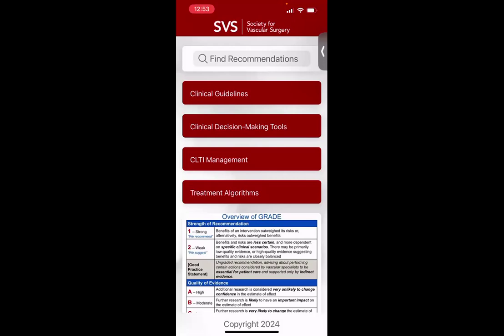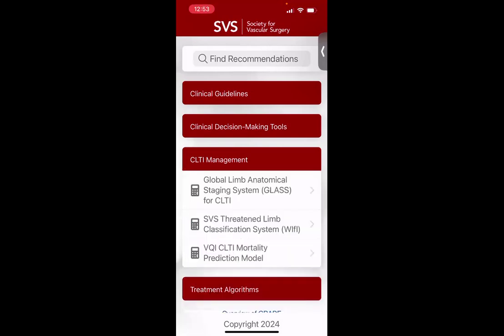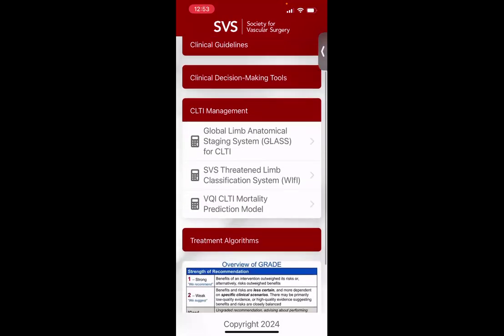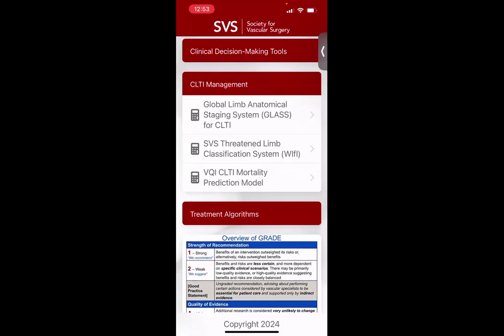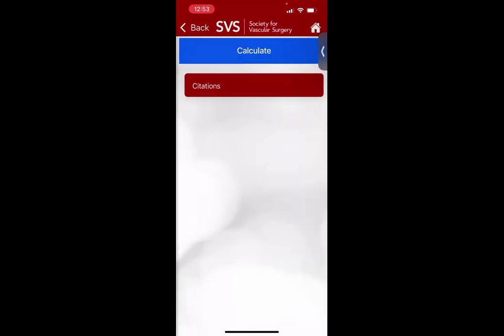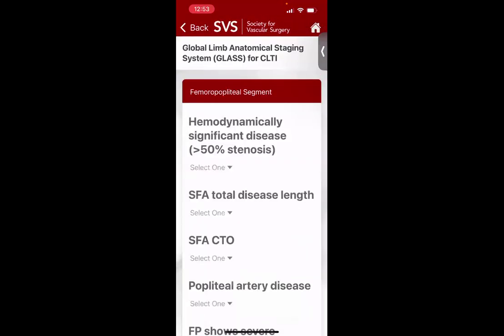CLTI management. I think you can review the guidelines here. You can use the clinical decision-making tool, CLTI management, and then if you click CLTI management, you can go to the GLASS staging system. You can go to the WIfI staging system. And also you can use the peri-procedural risk prediction model.